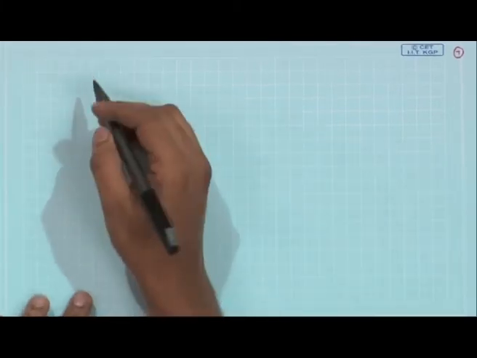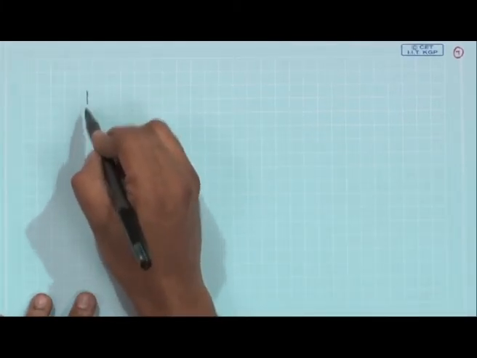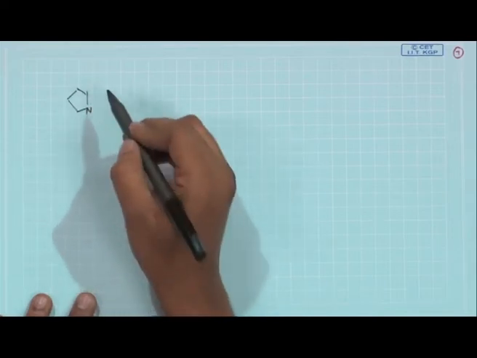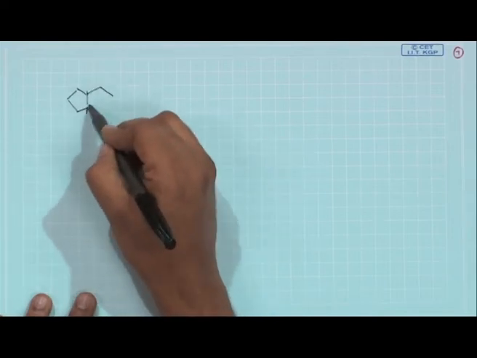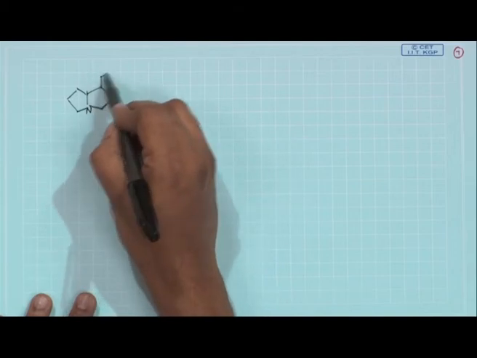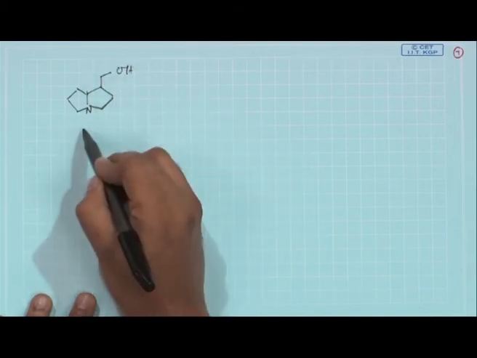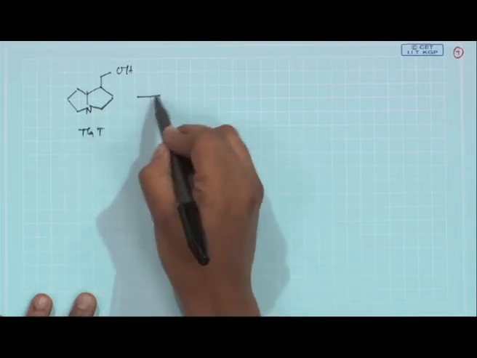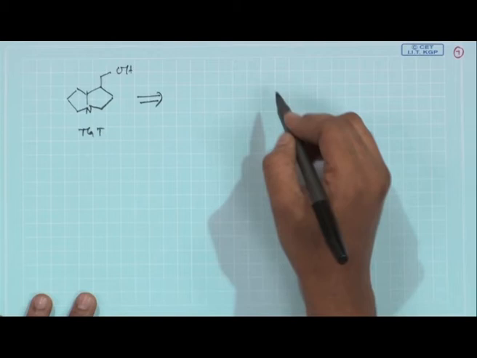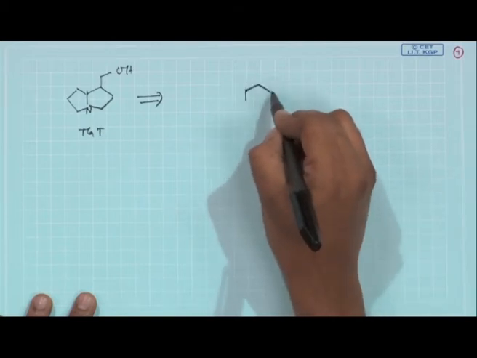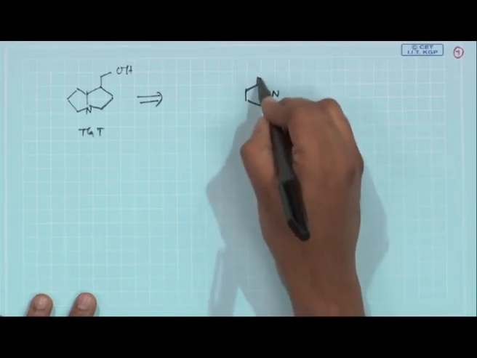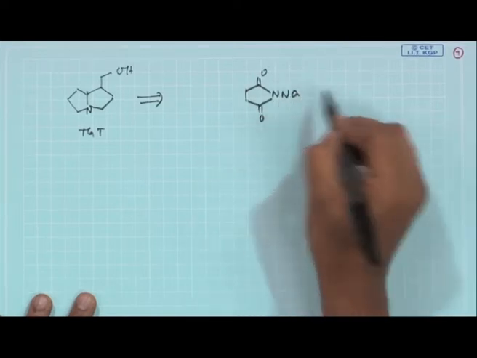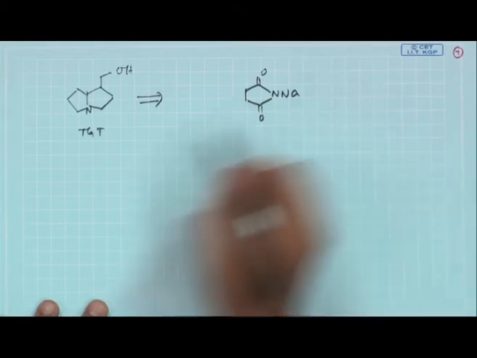We will be trying to solve another problem which I believe is a little bit complex, but the target molecule was this target. The starting material which was given, I have just given you, is succinimide, sodium succinimide.